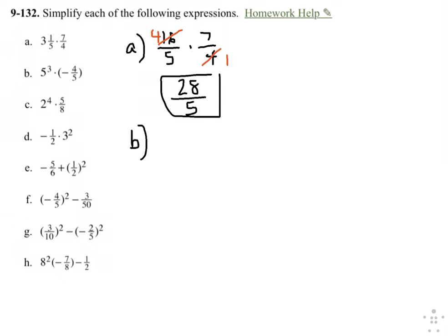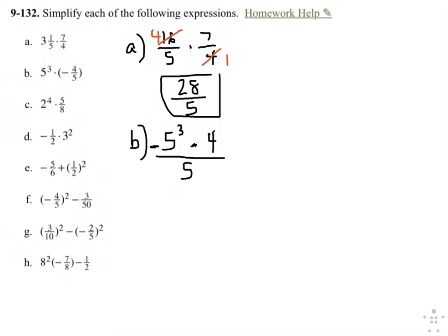Okay, 5 to the third. This one we could do 2 ways. We could think of it as 5 to the third times 4, and the whole thing is negative because positive times negative, all over 5. We could think of it this way. And then we could cancel.